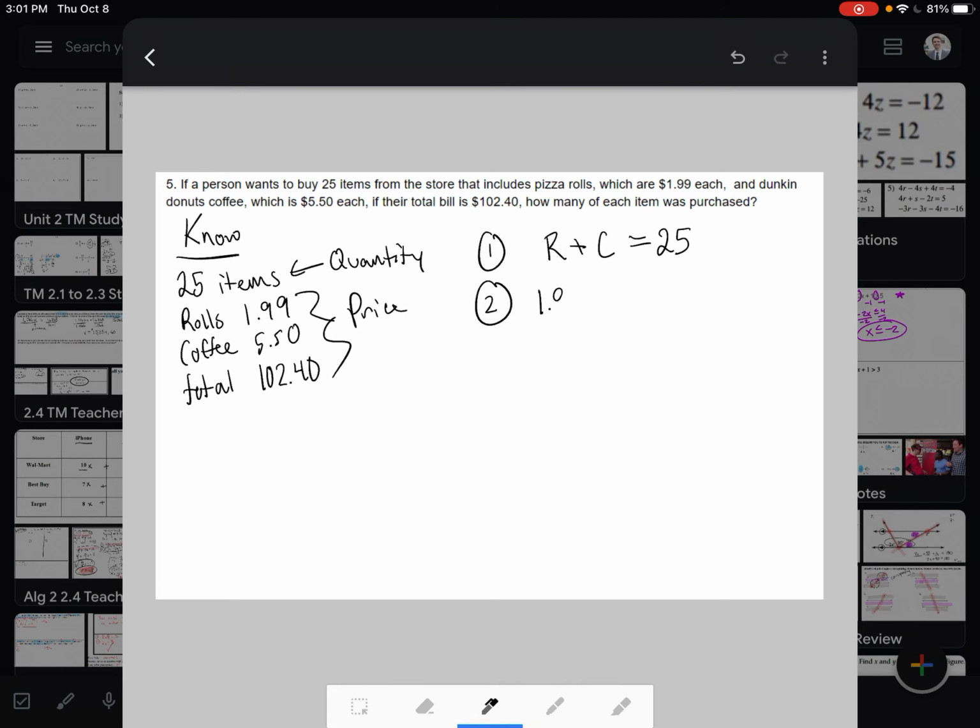And our price equation, just under $2 per roll plus $5.50 for each coffee, will get us the total that we spend, which is $102.40. And now we can either eliminate or substitute to solve. So we still need to solve for R and C. I'll let us do that so we can have some practice going through questions where maybe we have some decimals, but we can still go through and do this.